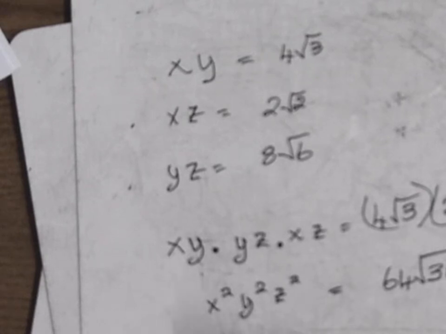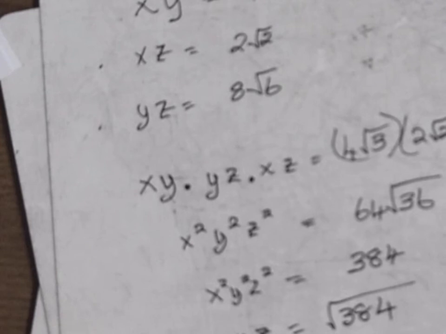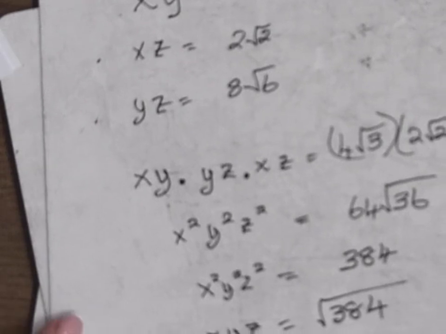So x squared y squared z squared is 384, and to get xyz you just take the square root, the square root of 384, which is 8 root 6. That's probably the shortest way to do it.